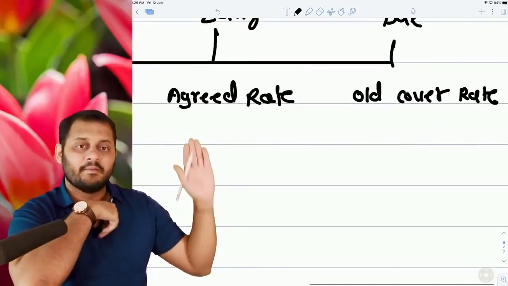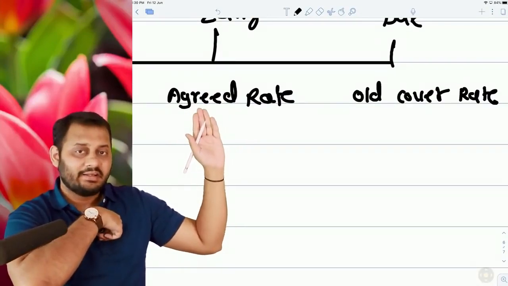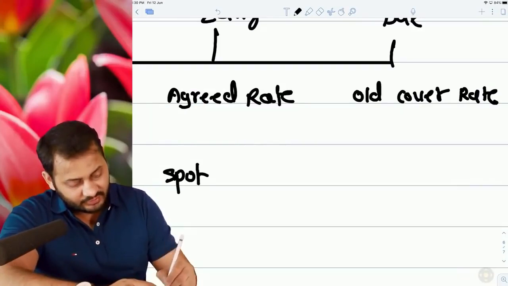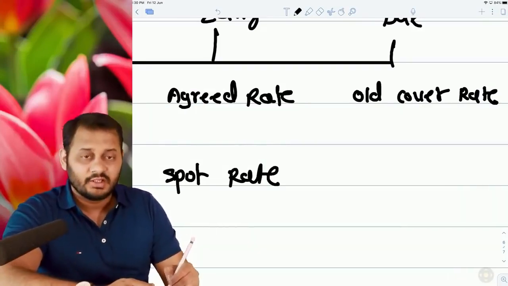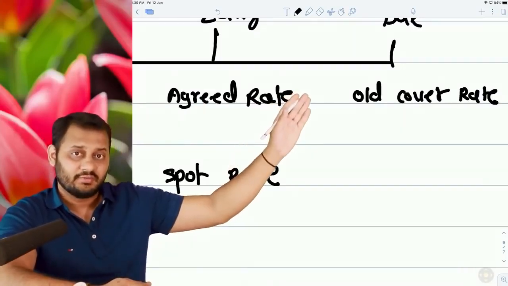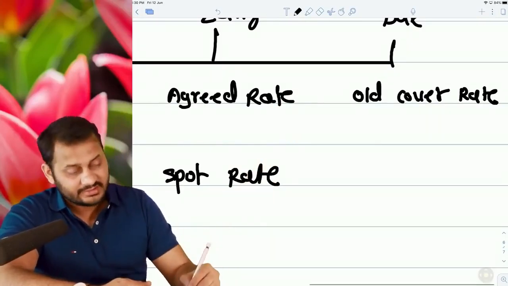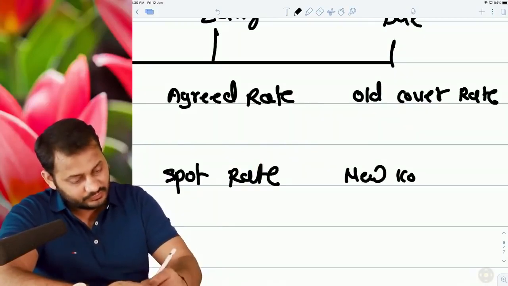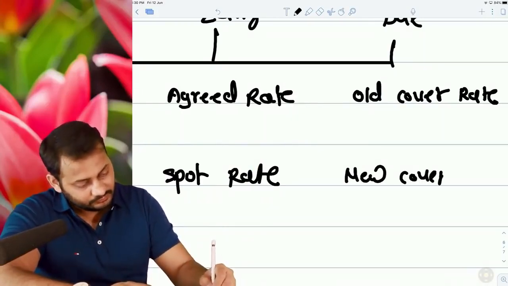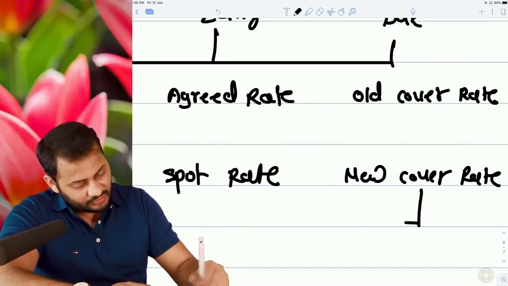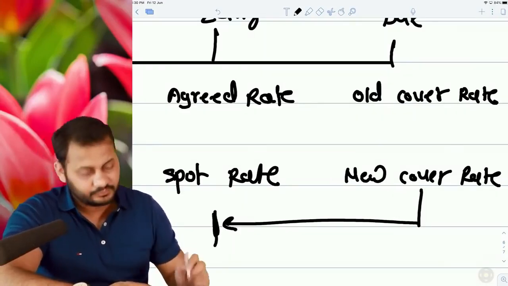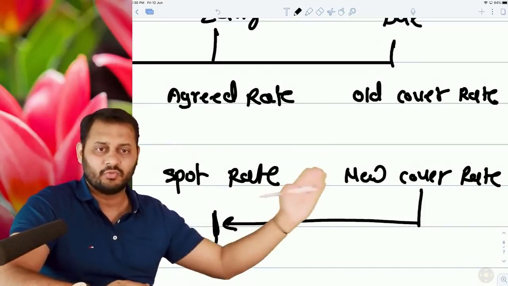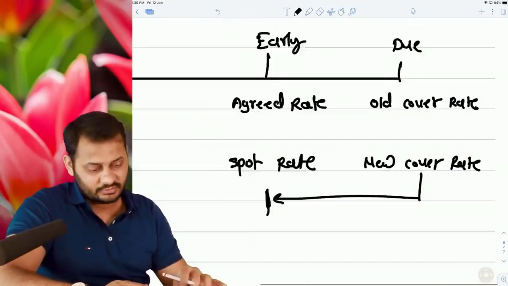That's why this agreed rate, whatever the buy or sell is, will be settled with a spot rate on this date. And since this old contract cover is open, it will be cancelled by an opposite position with a new cover. This contract will be taken at this point. This cover rate will be taken at this point. So it will be 1 month forward buy or 1 month forward sell.